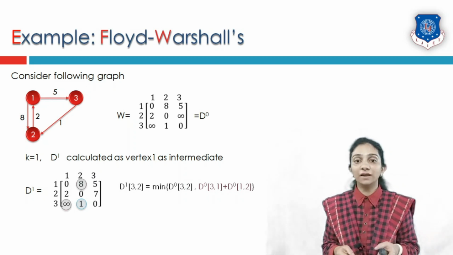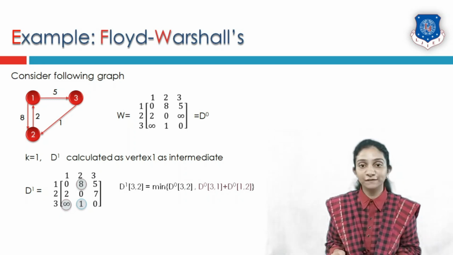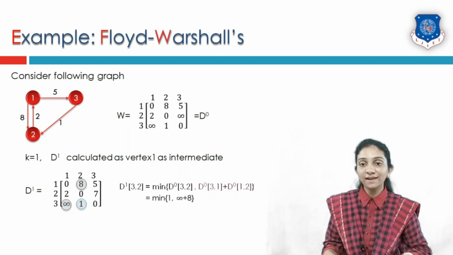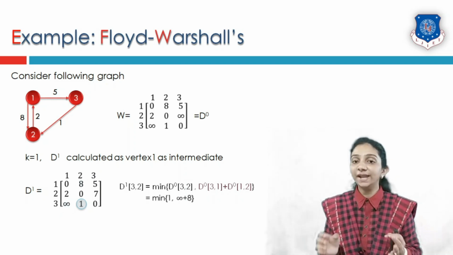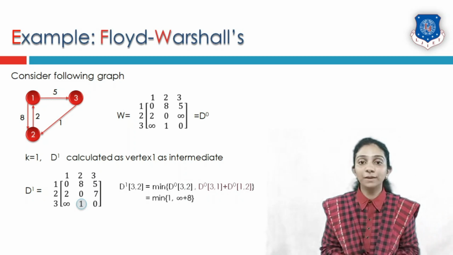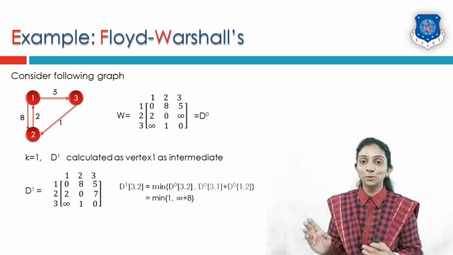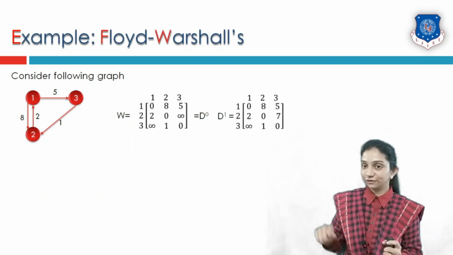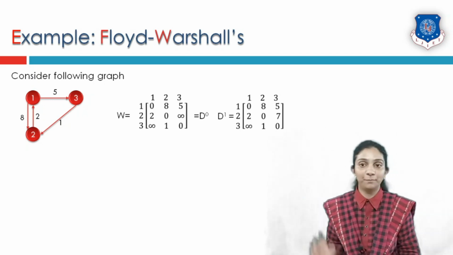The values are infinity and 8, so 8 plus infinity is infinity. The previous value in the cell is 1. So out of 1 and infinity, the minimum is 1. We are not going to change any value in this cell. The value remains as it is. Now we have worked on the two possible cells, 2, 3 and 3, 2. So this is the completion of our D1. The D1 distance matrix using vertex 1 is now prepared.